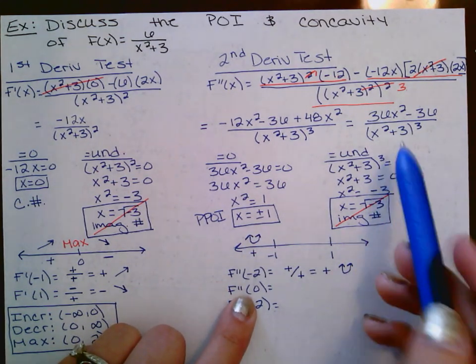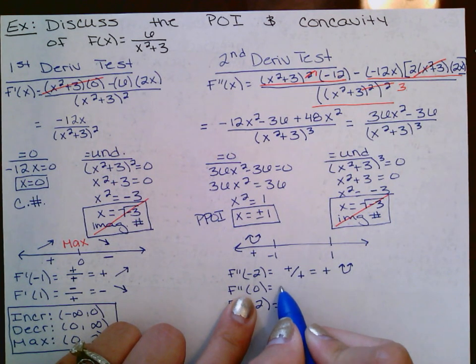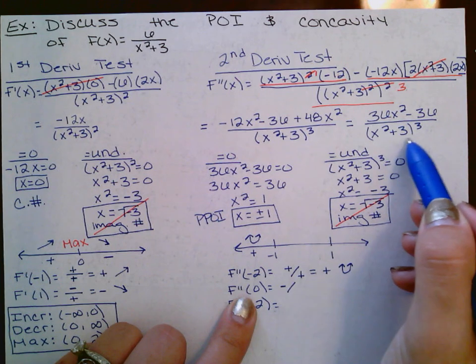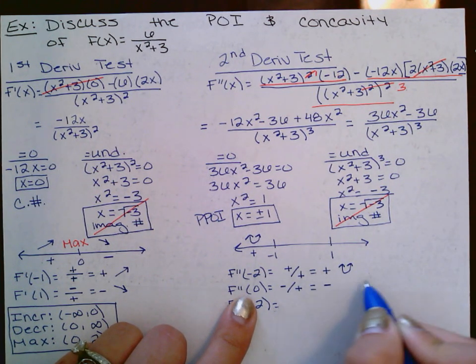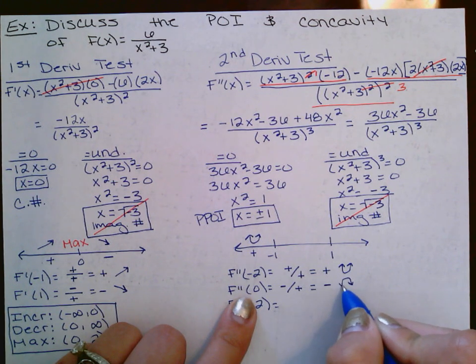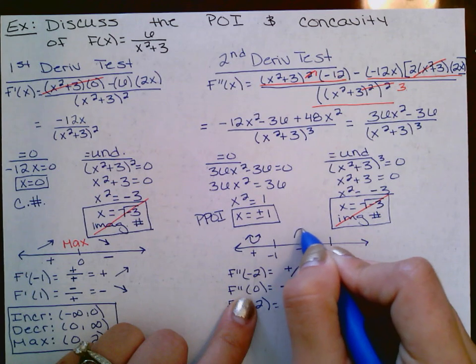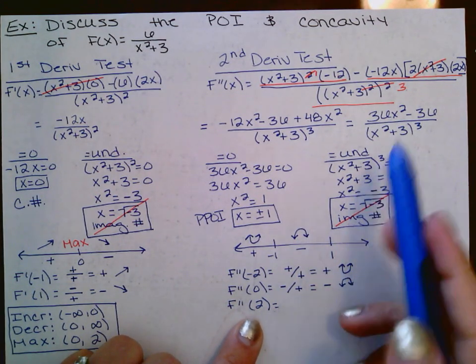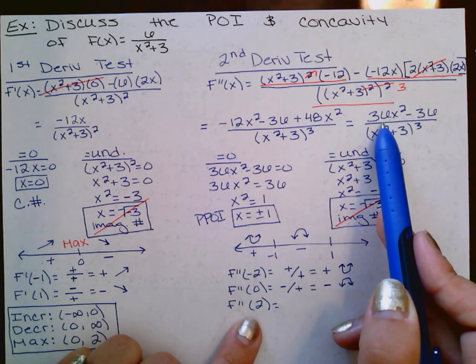Now a 0. If I plug in a 0 here, this cancels out and I'm left with negative 36. So I have negative divided by, this cancels out, 3 cubed would also give me positive. Negative divided by positive is negative, which means concave down in the second derivative. And last one, 2 squared. It's going to give me a positive 4 times 36, which is a big number.